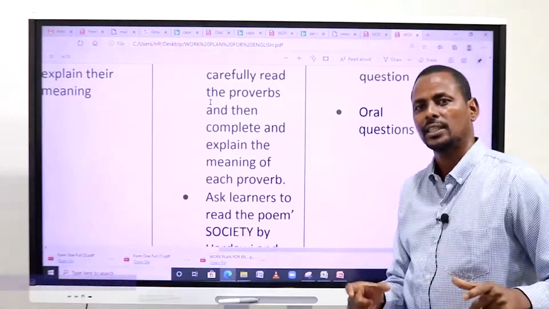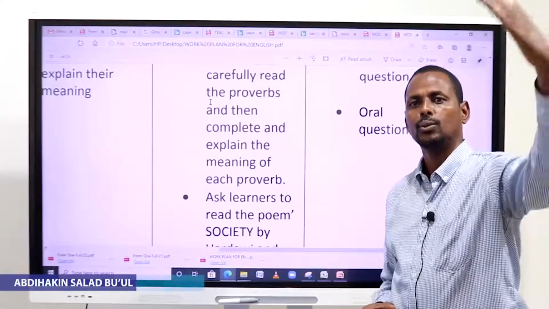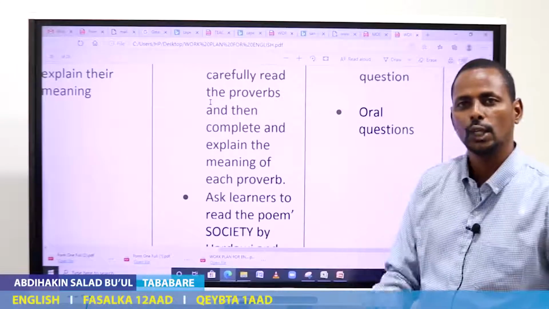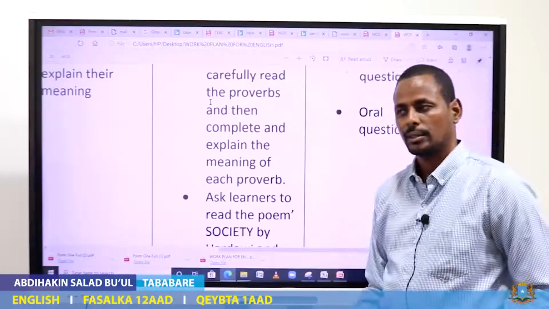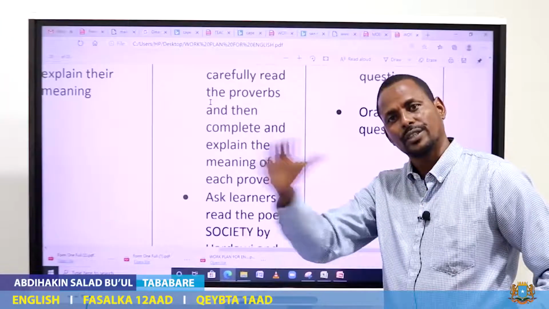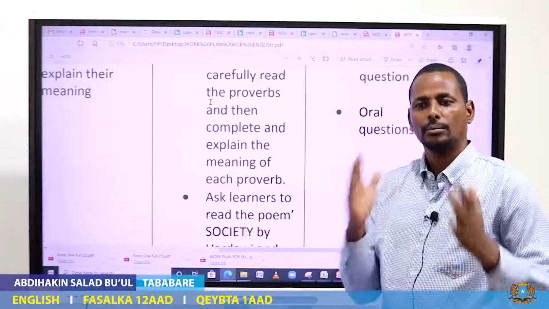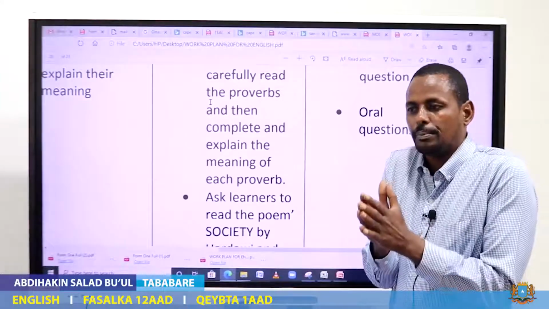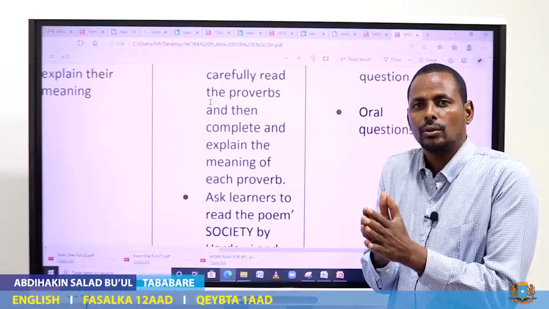Poems are not written like we write an essay. When you're writing an essay, you use paragraphs, you use long sentences. Poems use words economically. They're very economical.